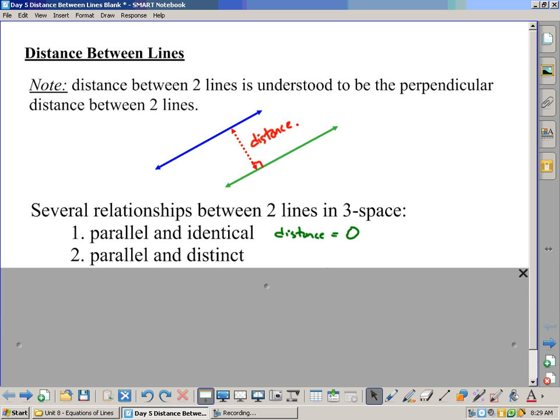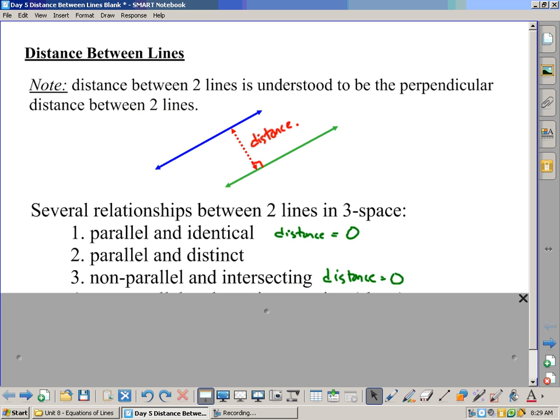There's your situation where they're parallel and distinct. Because they're parallel and distinct and they're not skew, they're going to run beside each other, and you can find a perpendicular distance, just like in the picture. So this one, you could actually find the distance.